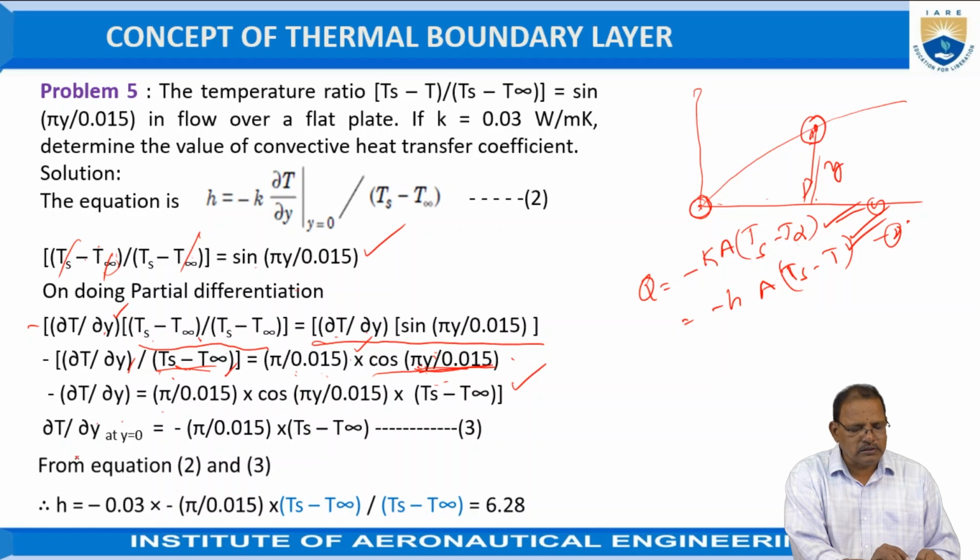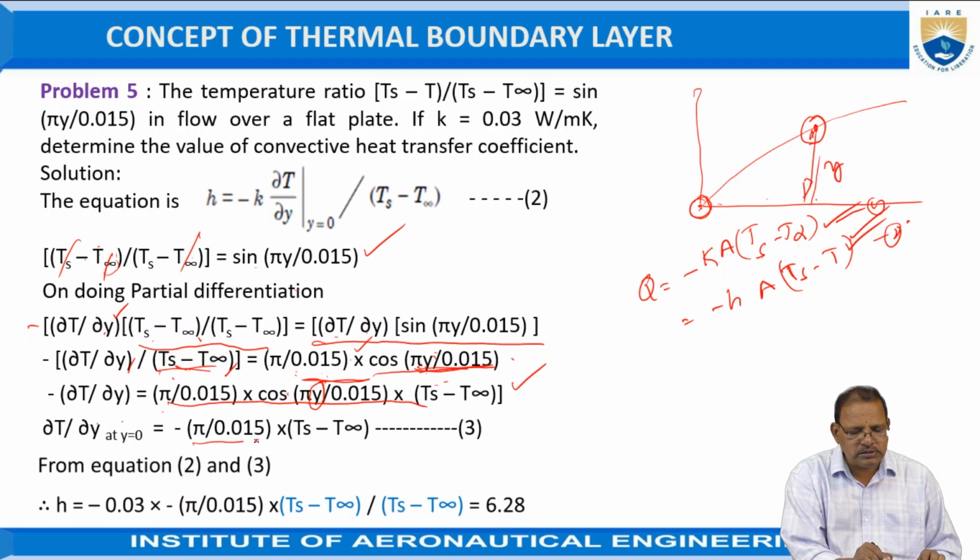From this relation, at y is equal to 0, we substitute because we require the temperature gradient near the plate. Putting y is equal to 0, pi divided by 0.015 is there already, and cos 0 is equal to 1, into (Ts minus T alpha).